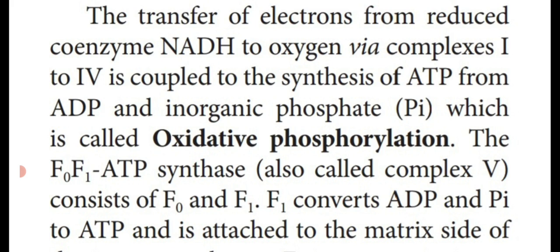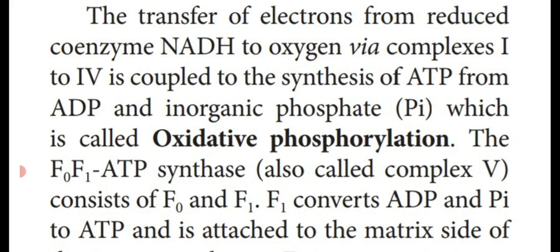So in the different complexes, the electrons pass from reduced coenzyme NADH to oxygen via complex 1 to 4, and a couple of ATP molecules are produced. The ATP is produced by adding inorganic phosphate to the adenosine diphosphate molecule, which is called oxidative phosphorylation.